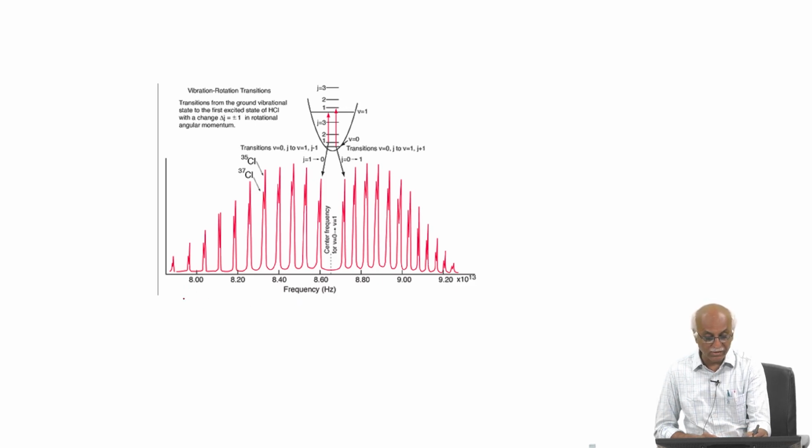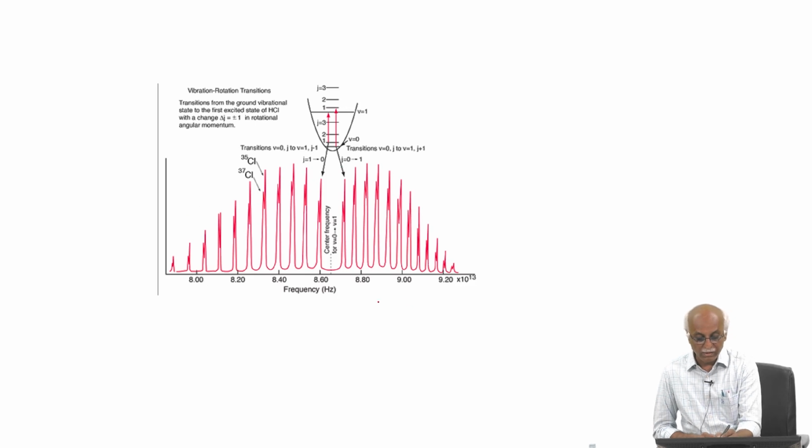The shorter wavelength transitions are related to the P transitions. If it is a symmetric structure, we will end up with a Q band which is zero, and then R bands. Some of the symmetric structures with various such transitions are shown like this.